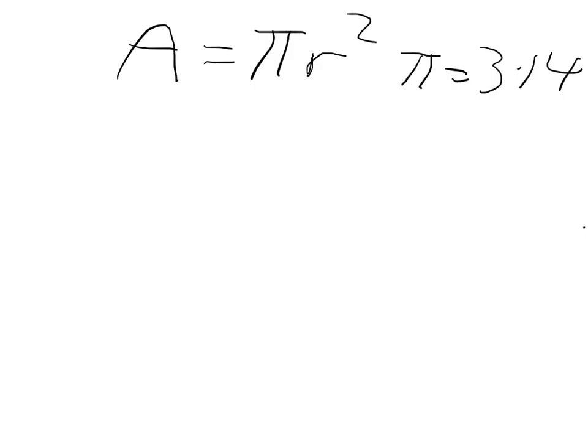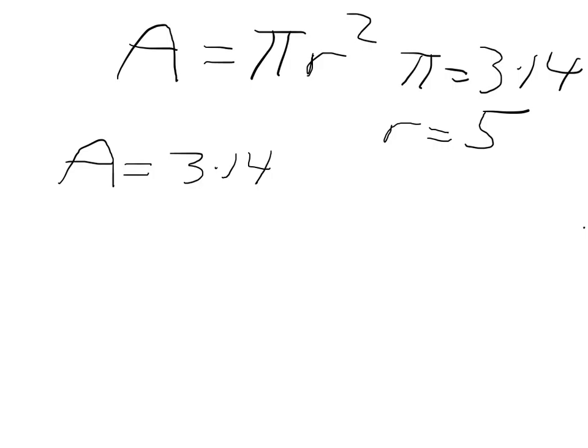So the first thing I'll do is, let's say the same thing as we did in the first example, that the radius is 5, okay? So what would we do? We write the equation over, the formula, and this time we substitute everything we know. So we know pi is 3.14, so instead of pi we write 3.14.